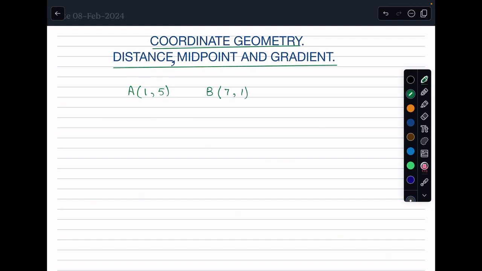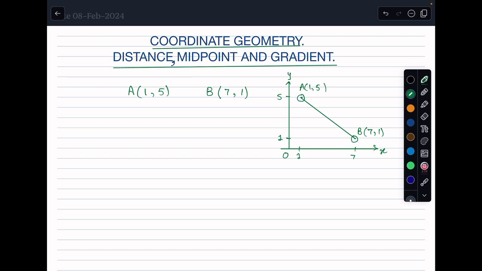If I sketch these 2 points on the x-axis and y-axis, for A the x coordinate is 1 and the y coordinate is 5, and for B the x coordinate is 7 and the y coordinate is 1. I can see that I have a straight line, and for this straight line I can find the distance between the 2 points.